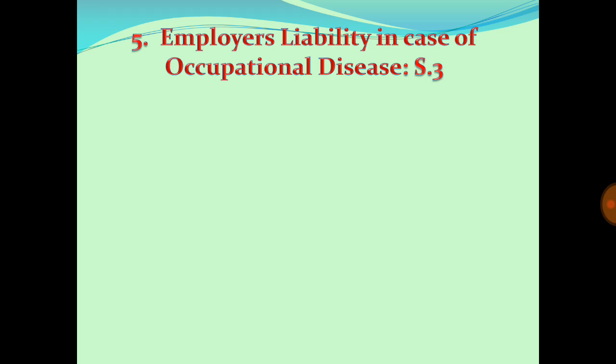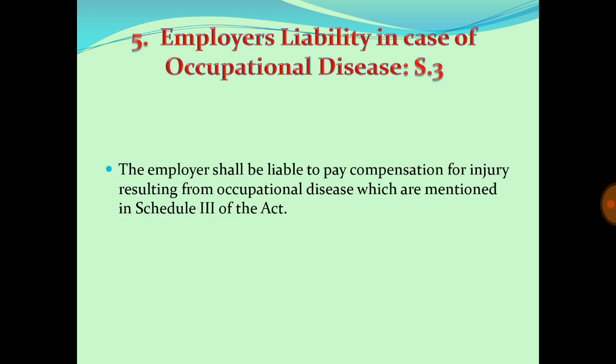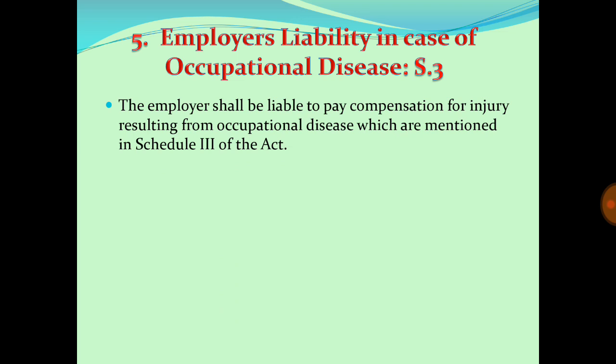Now we must see what is the employer's liability in case of occupational disease. Section 3 further provides the employer's liability to pay compensation in case of occupational disease. It provides a list of occupational diseases in Schedule 3 of the Act, and such diseases may be pneumoconiosis, which are diseases related to the respiratory system.